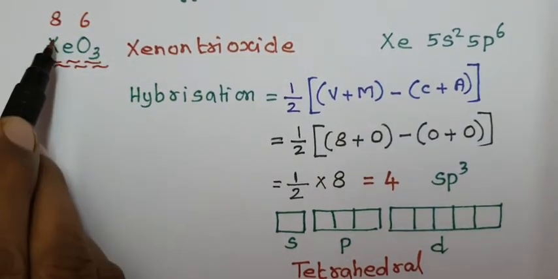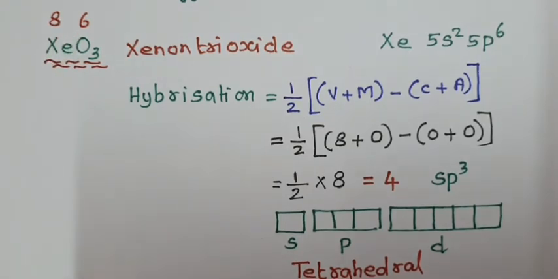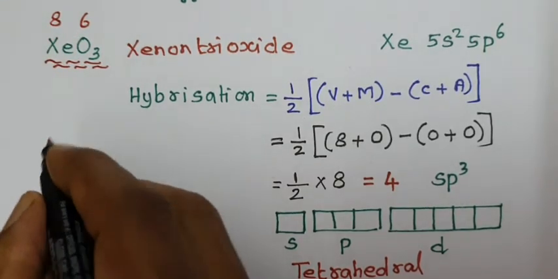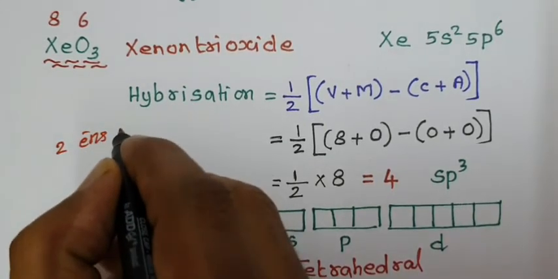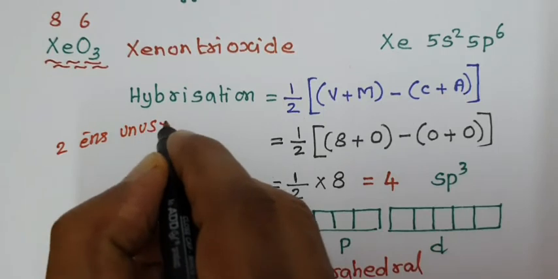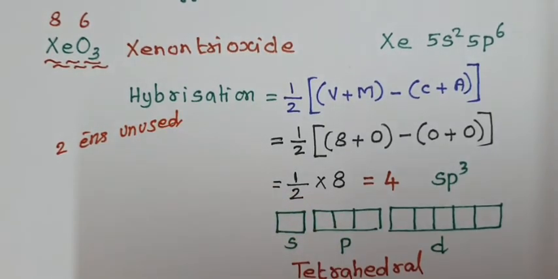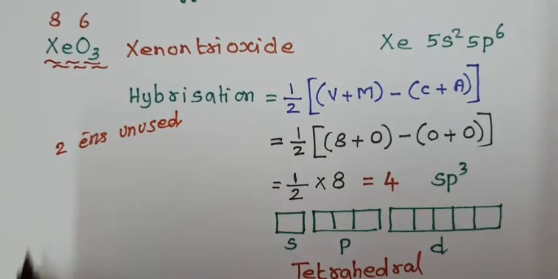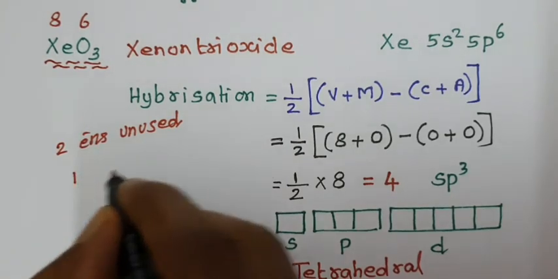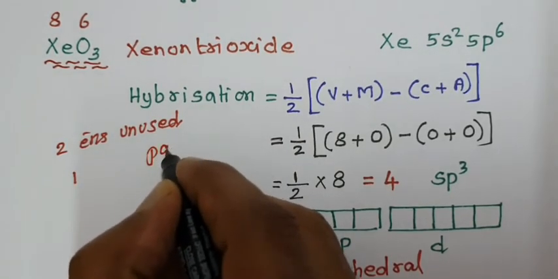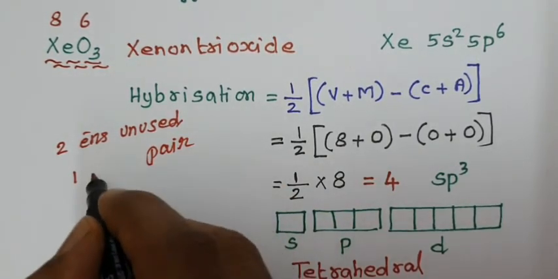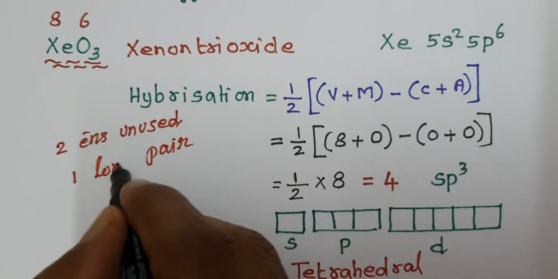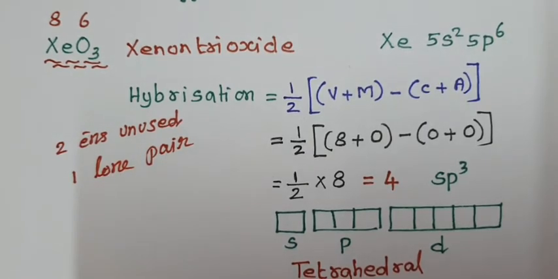Among the 8 electrons, it shares 6 electrons with the oxygen atoms. So, how many electrons remain? 2 electrons are unused in xenon. 2 electrons means how many pairs? 1 pair of electrons. This pair is not involved in bond formation. Therefore, it is called the lone pair.